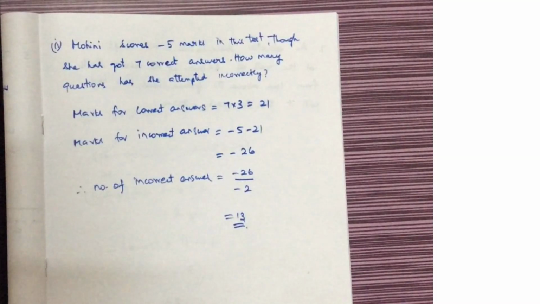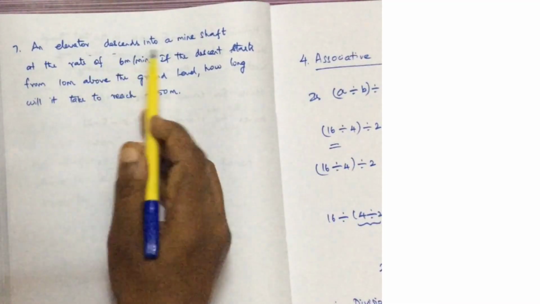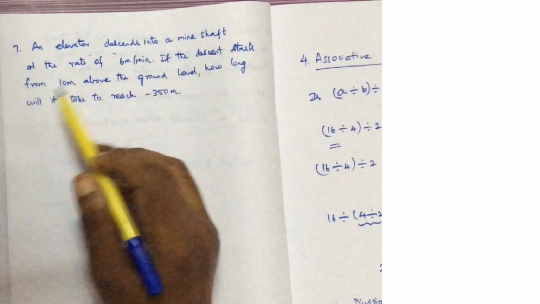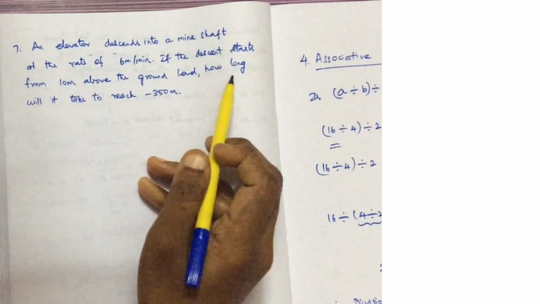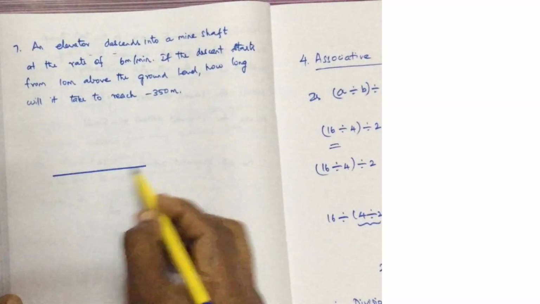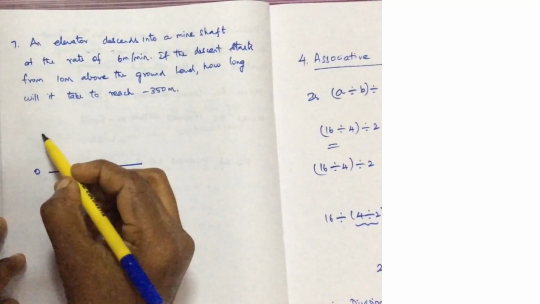Answer, she wrongly attempted 13. Last problem is, an elevator descends into a mine shaft at the rate of 6 meters per minute. If the descent starts from 10 meters above the ground level, how long will it take to reach minus 350 meters? Consider this is the ground level, this is 0. Now it starts somewhere from here.